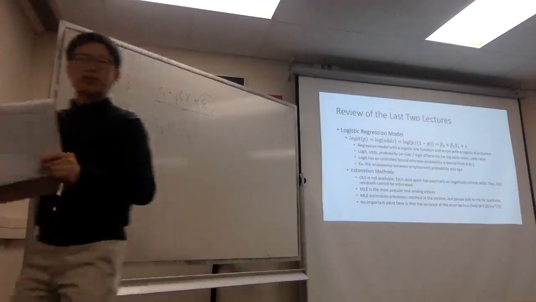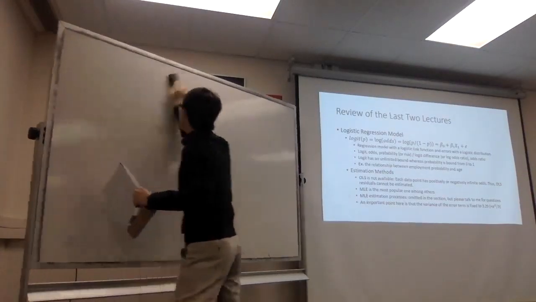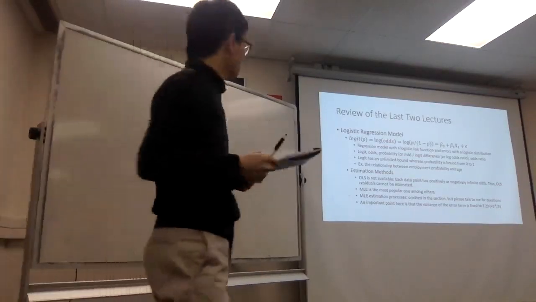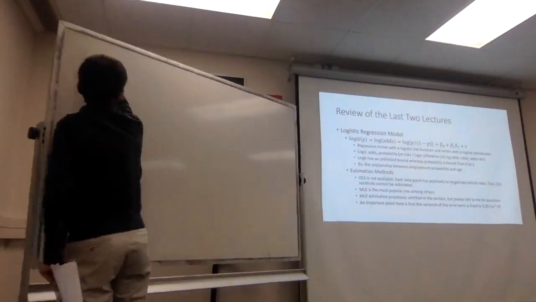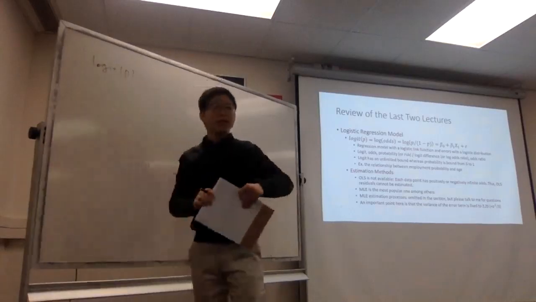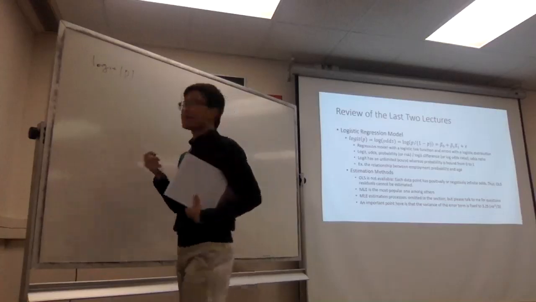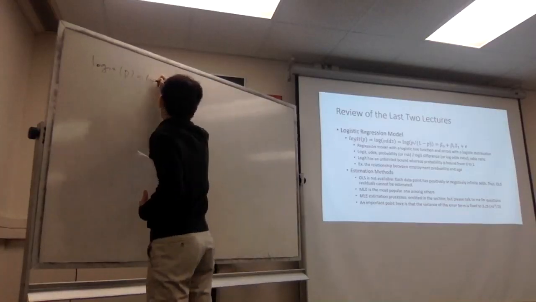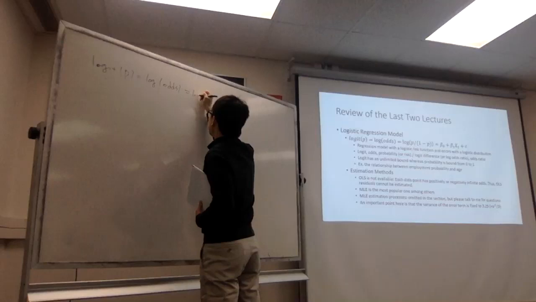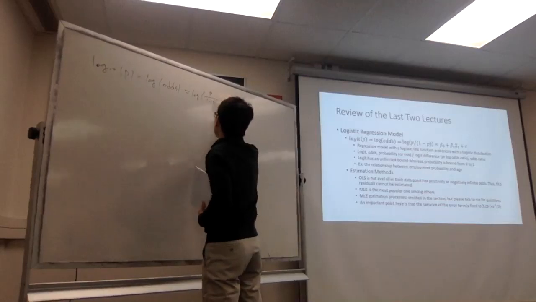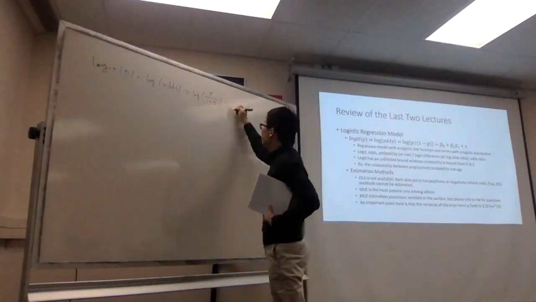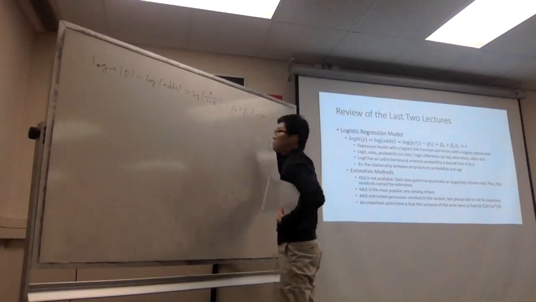Let's talk about the logistic regression model. In the logistic regression model, the dependent variable is the logit of P, which is also the log of odds, log of P divided by 1 minus P. And this is regressed on the X variable.